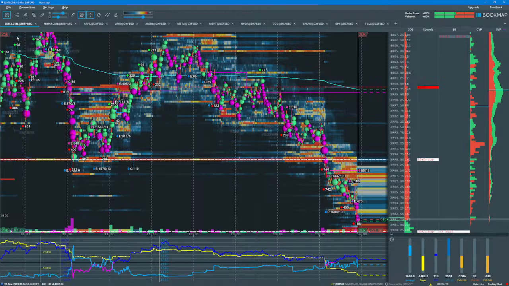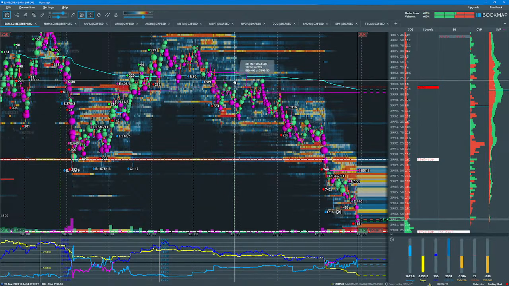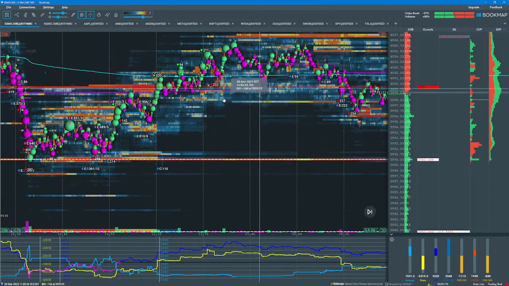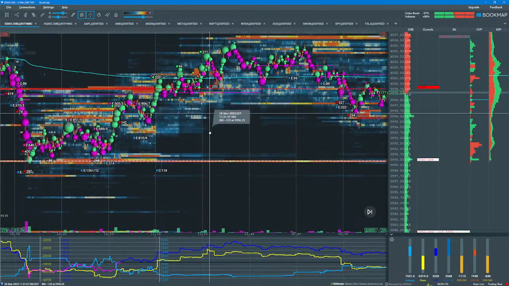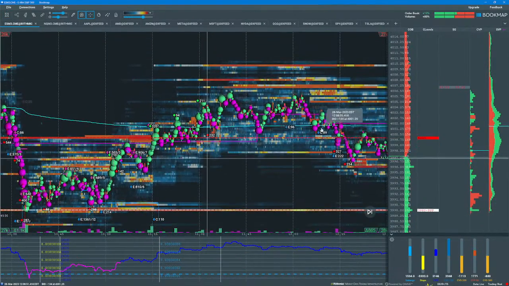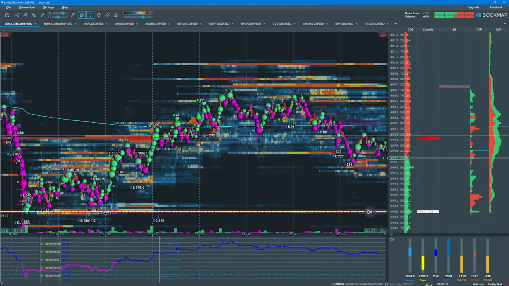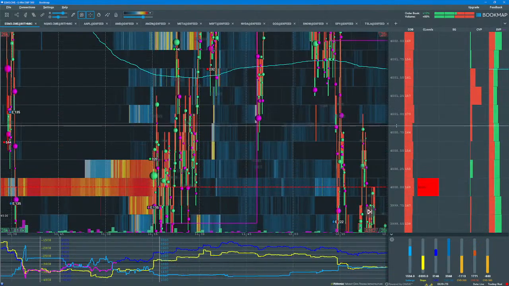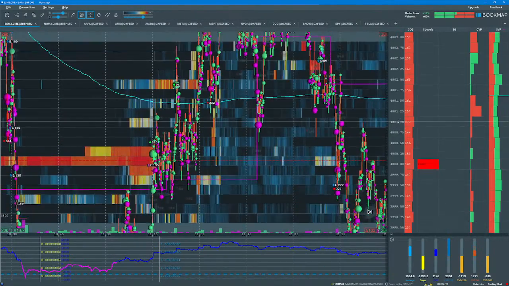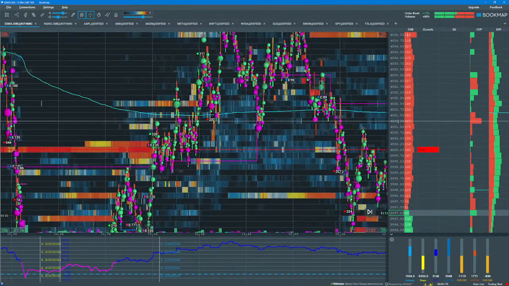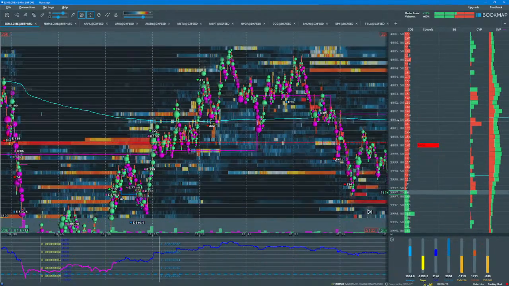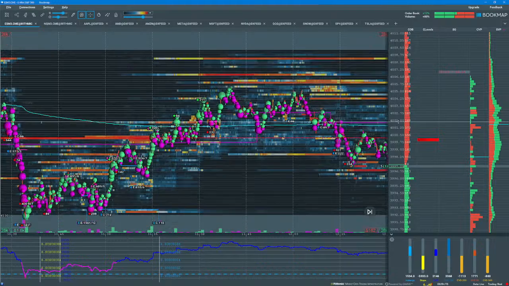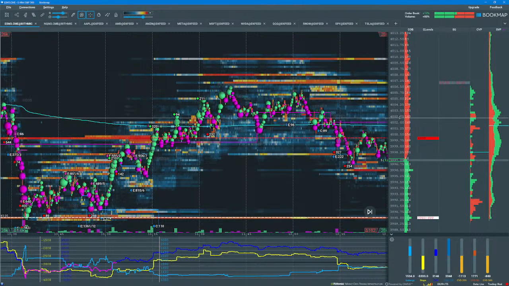Let me zoom in on this. Oops, way too much. Sorry about this. All right, so there's the long setup.